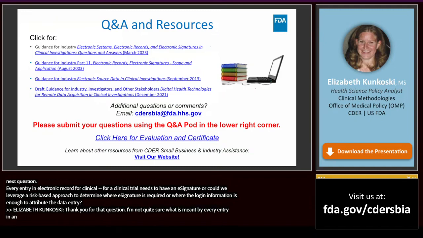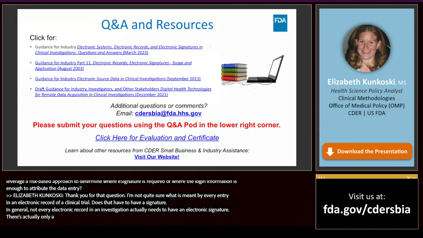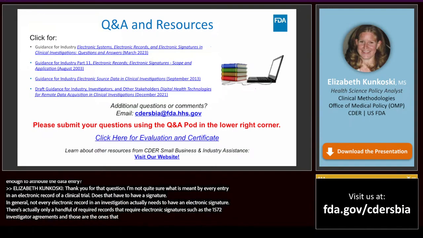In general, not every electronic record in an investigation needs to have an electronic signature. There's only a handful of required records that require electronic signatures, such as the 1572 investigator agreements. And those are the ones that you should focus on ensuring you have an electronic signature that is compliant with Part 11.